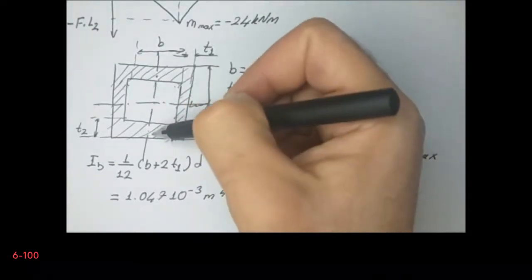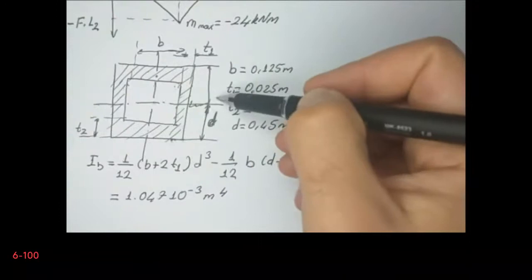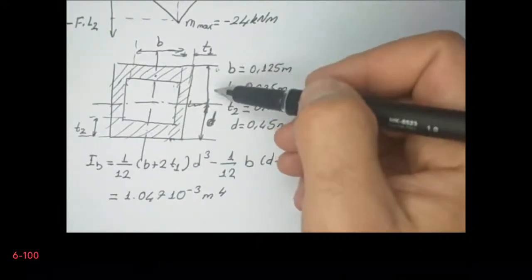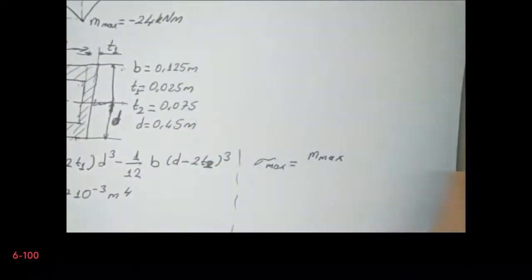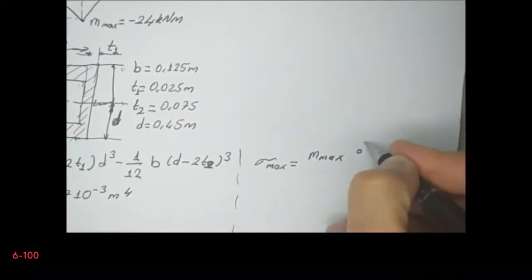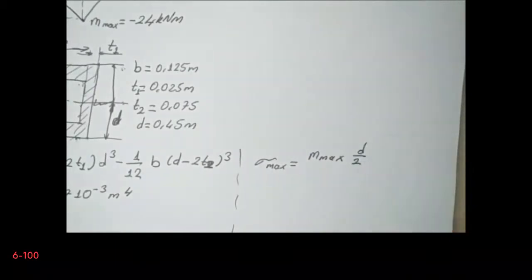So the distance to the surface is D divided by 2, divided by the moment of inertia.